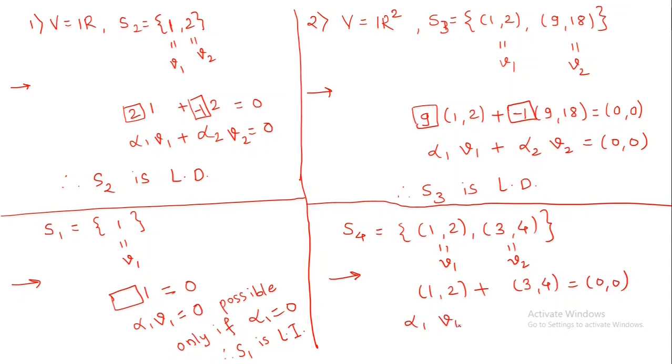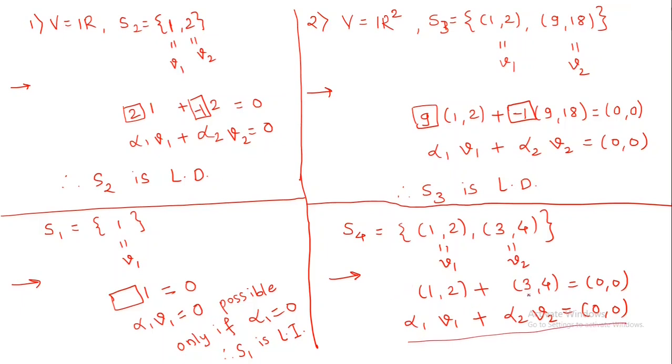Same notations, alpha 1 V1 plus alpha 2 V2 is equal to 0, 0. So is it possible for me to find alpha 1, alpha 2 not both 0 such that this is happening?